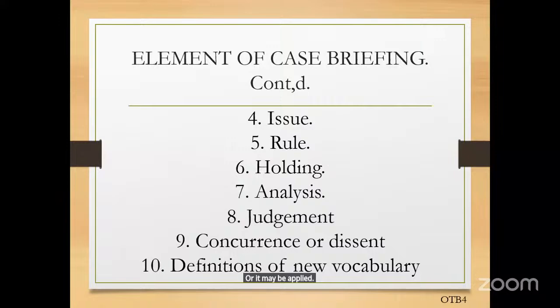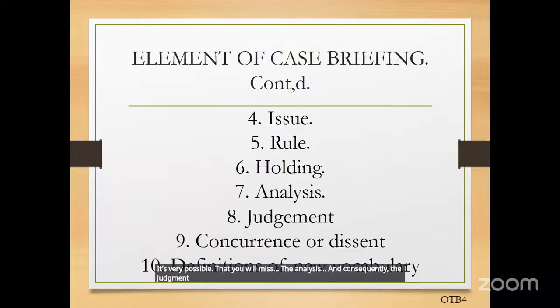Your purpose in briefing the case is to identify the rule. So you need to be sure that you identify the correct rule. Because if you fail to identify the correct rule of law that was applied, it's very possible that you will miss the analysis and consequently the judgment.